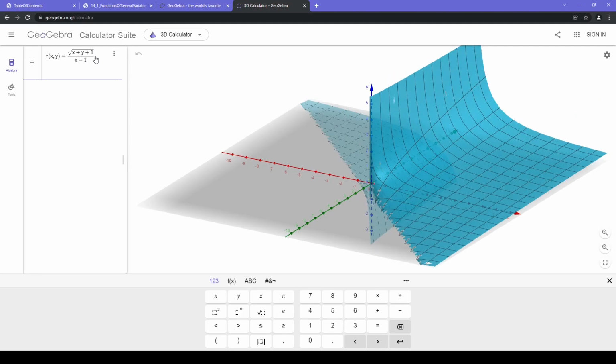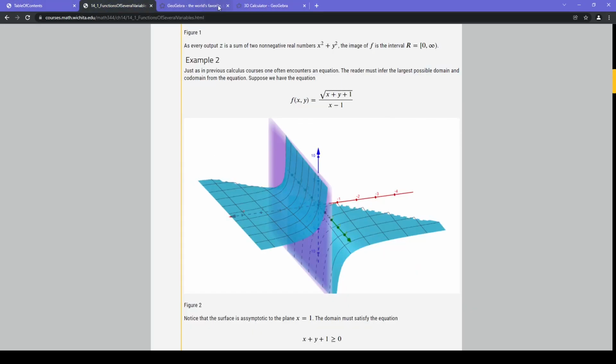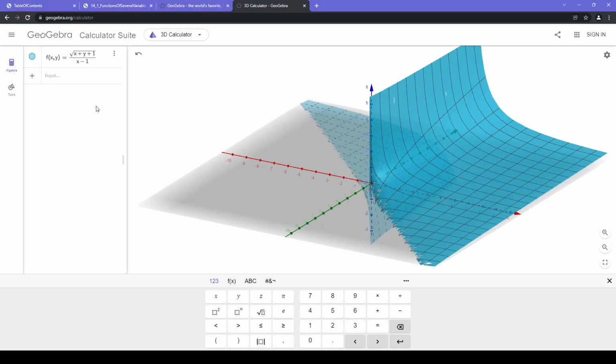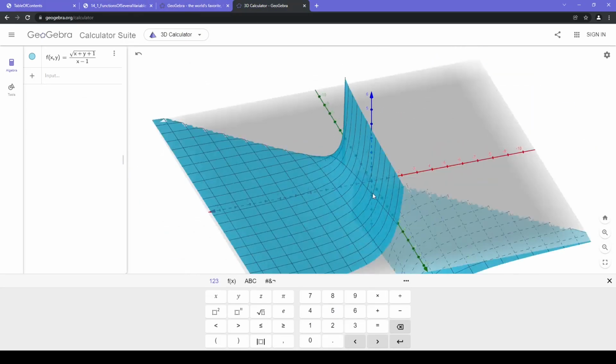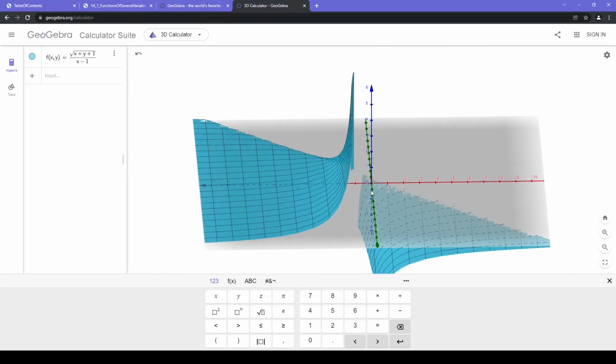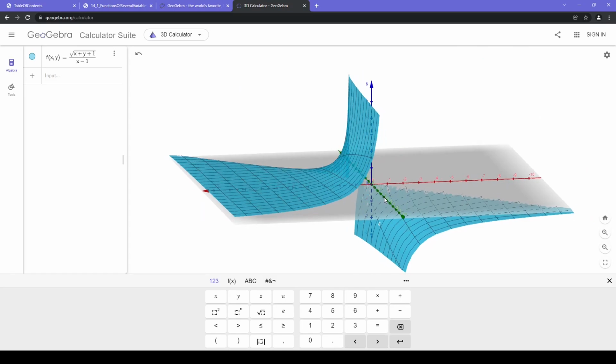So it has spit out this surface for us. I didn't have to do anything more complicated than type in the equation.